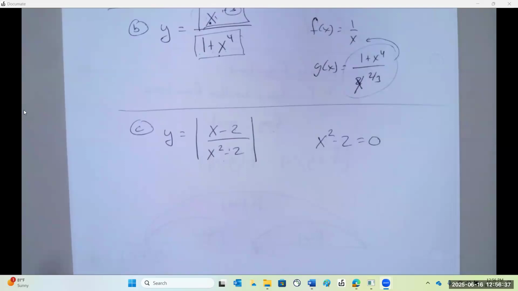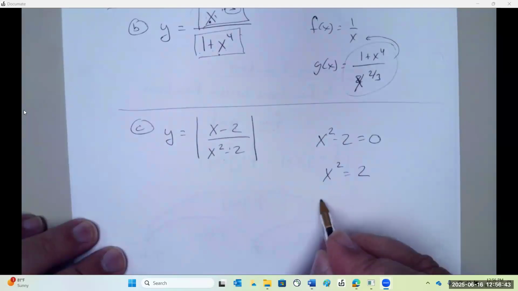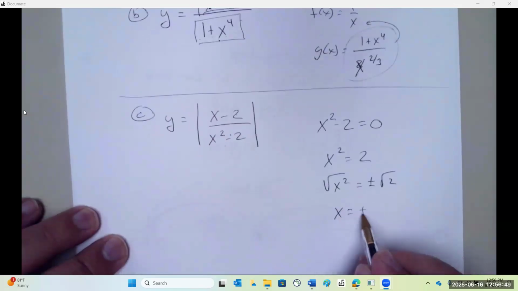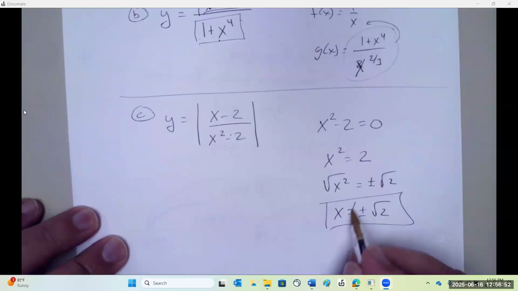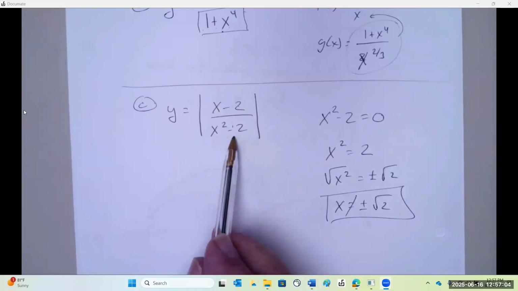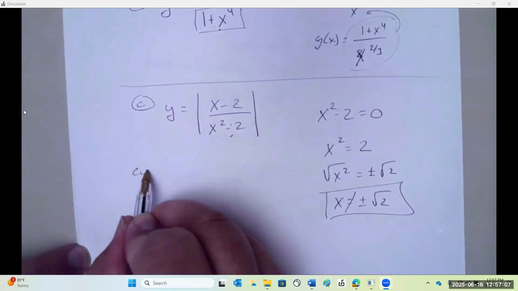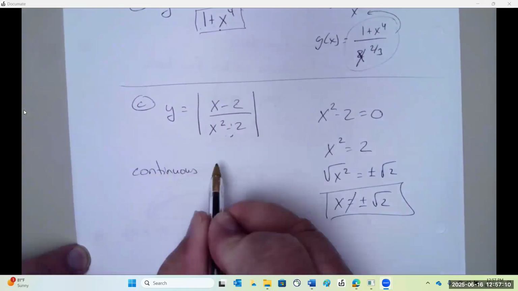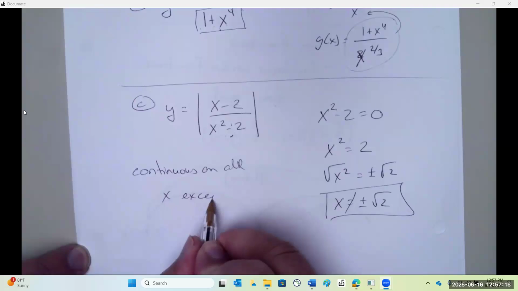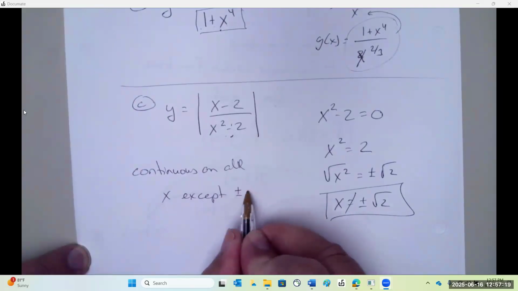Can that ever equal 0? Those are ones I can't use. It's continuous on all numbers other than x equals plus or minus radical 2, because that makes the bottom equal 0. On all x except plus or minus radical 2.